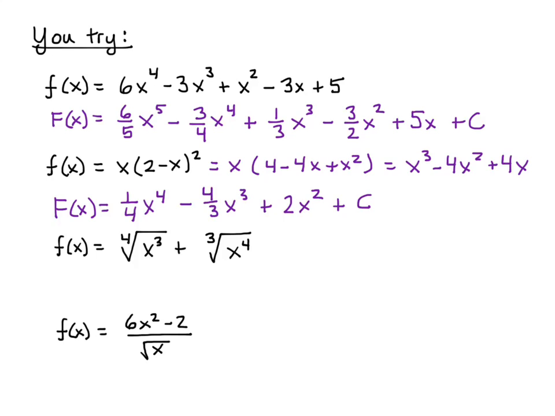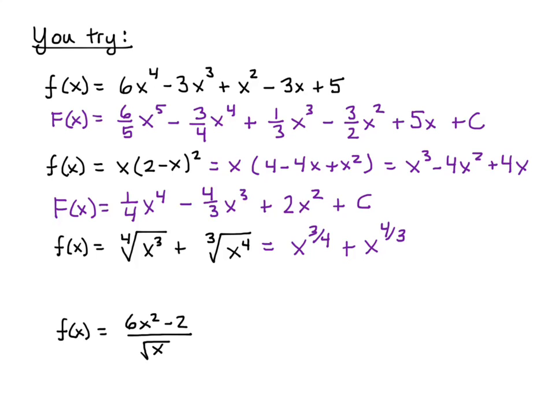Okay, how about this next one? What would be the first thing that you would do here? Okay, did you get the exponential form? Yeah, I got x to the 3/4 plus x to the 4/3. Great, okay, so that works out like that. All right, and then we take the antiderivative. Did you get that part?